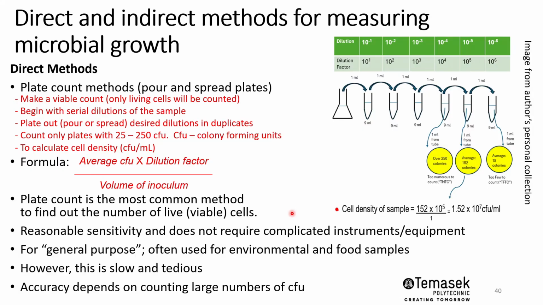Often this is used for environmental and food sample enumeration of bacteria, but you can see that this is quite tedious and slow. And of course the accuracy depends on counting a large number of CFUs within your culture plate itself.